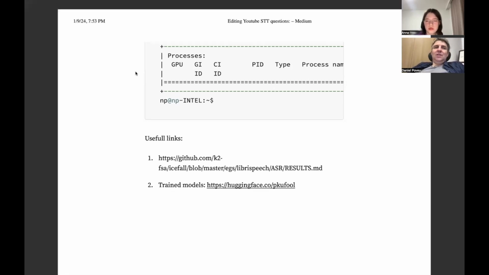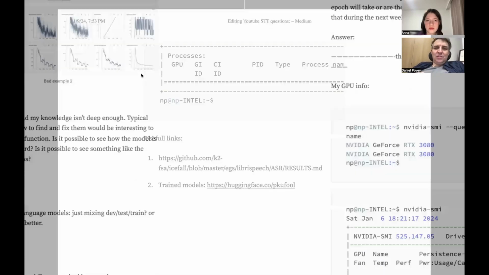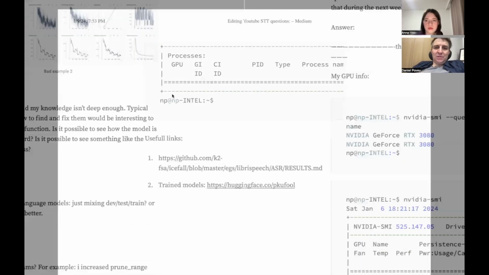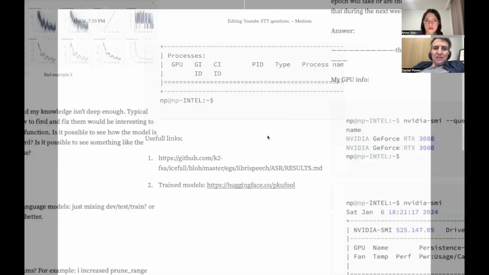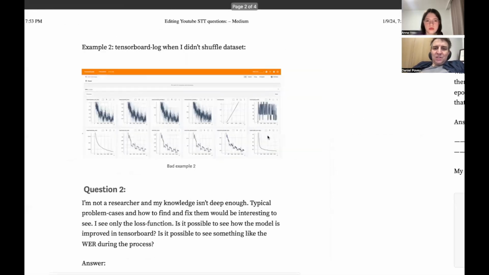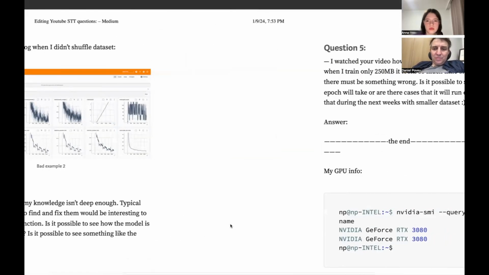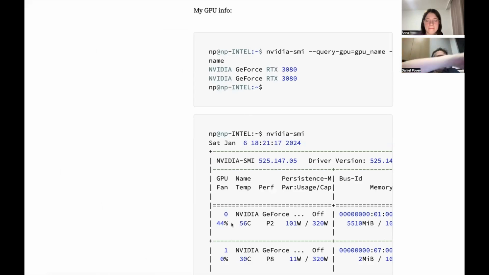Well, to troubleshoot the speed issue, the first thing I would look at is the GPU usage. Is it consistently as low as 44%? Because that is a bit low and a bit strange to me. It could possibly be bottlenecked on disk access. Maybe that's a really slow disk and something about the data loader is a bit slow.